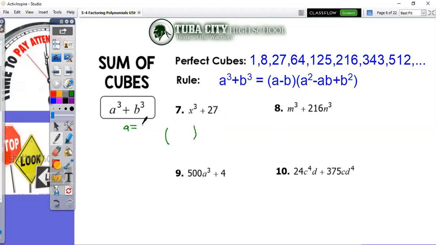What 3 numbers multiply to x to the 3rd? Well, just x, because x times x times x is x to the third. And our b value for the formula, 27, we uncube that. We know that it's 3 times 3 times 3. So a is x, b is 3.